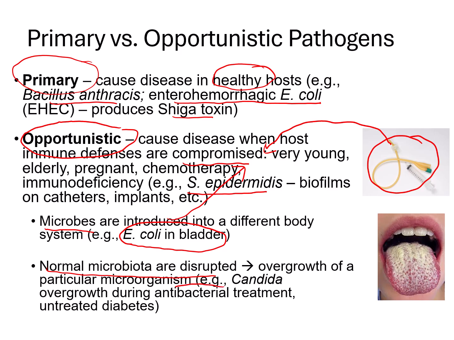Someone undergoing antibiotic treatment for a bacterial infection might kill off the bacteria and allow the normal yeast, like Candida, to overgrow and cause thrush. We also often see overgrowth of Candida and thrush in individuals with untreated diabetes because that leaves a really high concentration of glucose in the saliva. We also see this a lot in individuals with immunodeficiencies.